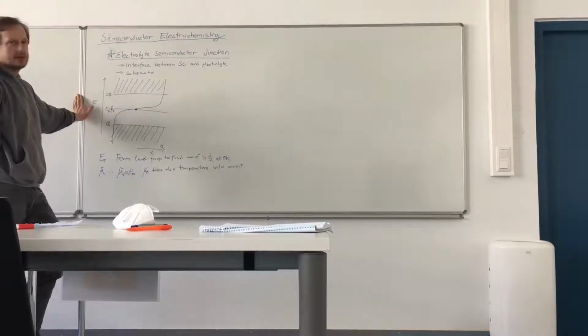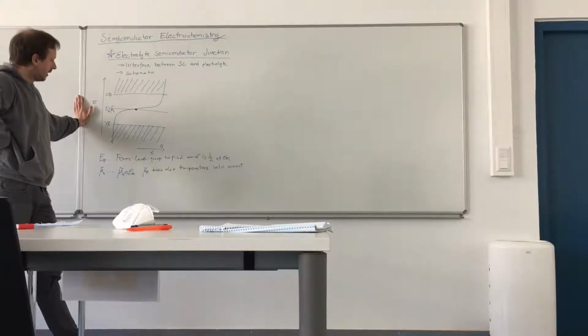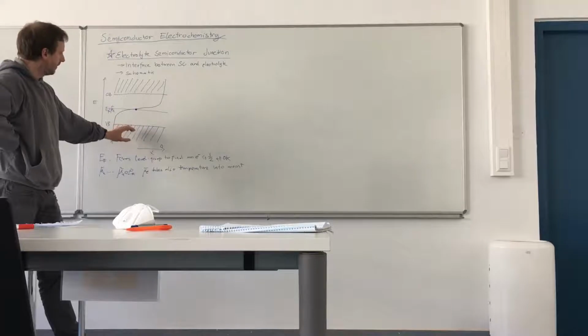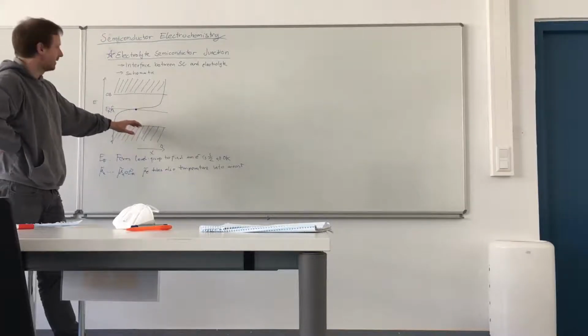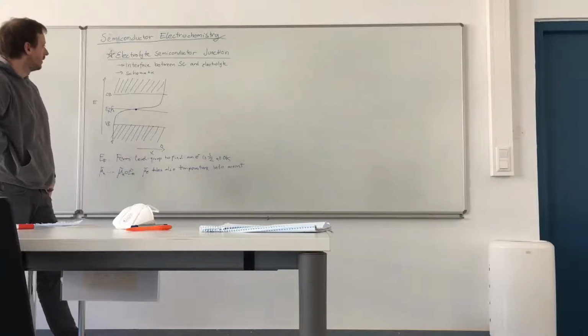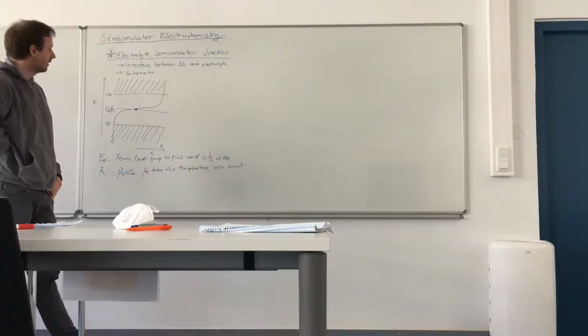At finite temperatures, let's say at room temperature, some of the electrons in the valence band can be thermally excited to the conduction band. And in the conduction band, the electrons can move freely such that the semiconductor becomes conductive.